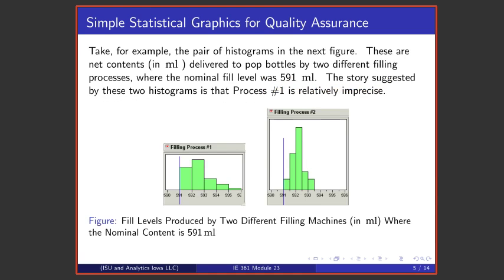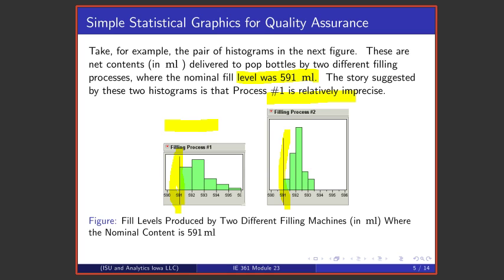Let me give you another example. Here's an example where what's portrayed are fill levels of some pop bottles that are to be filled to 591 milliliters in terms of a nominal fill level. So here's 591, here's 591, from machine number 1 and from machine number 2.